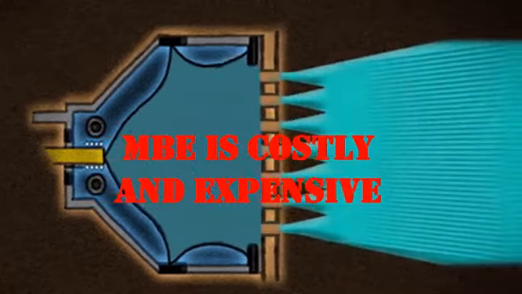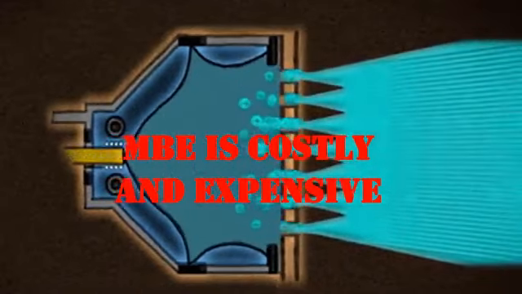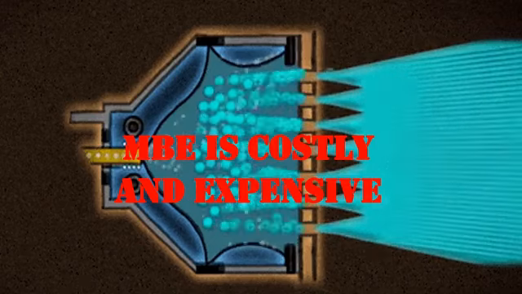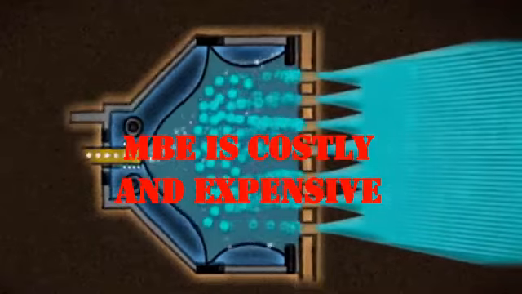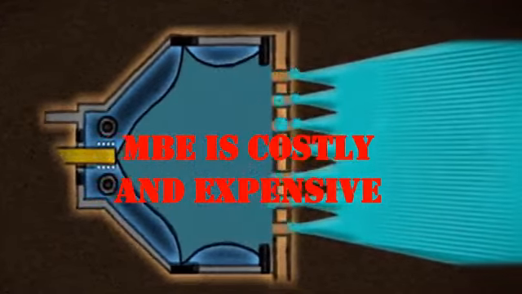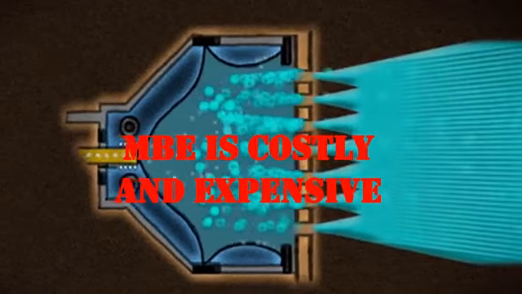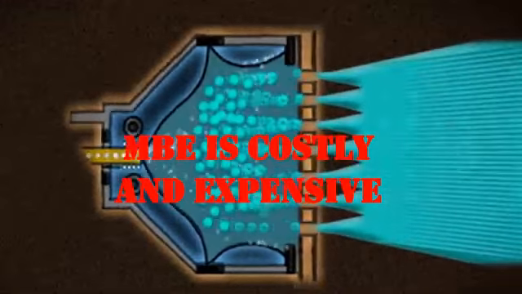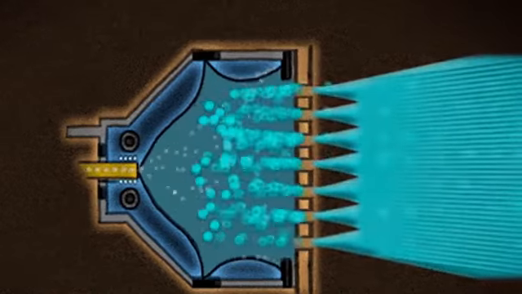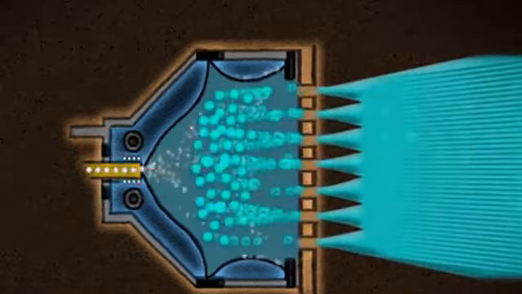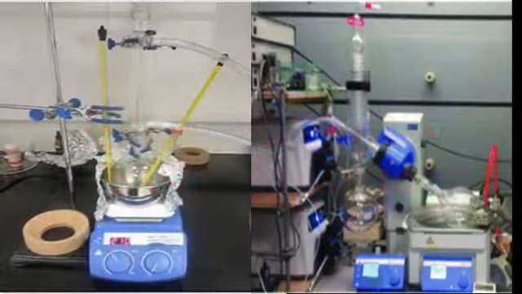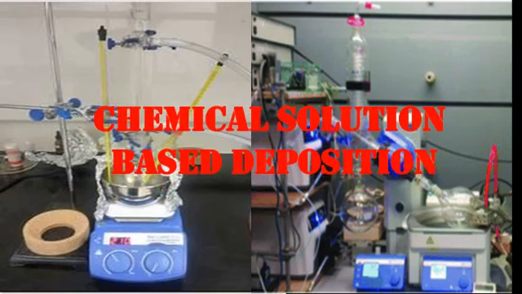So we will discuss in the next few slides and compare how the other techniques are less costly than molecular beam epitaxy. The thin films deposited by the other deposition techniques are chemical solution deposition techniques.